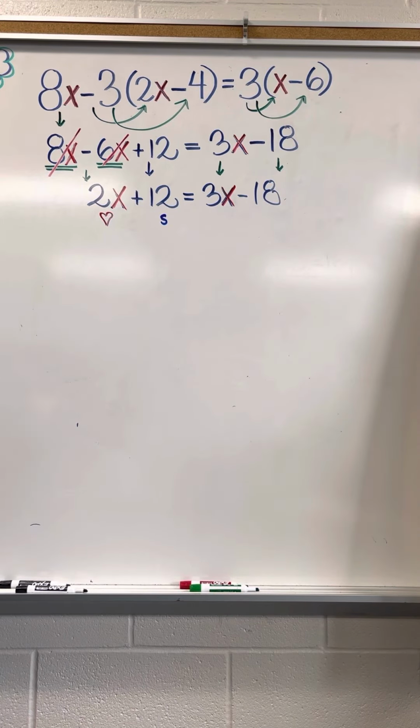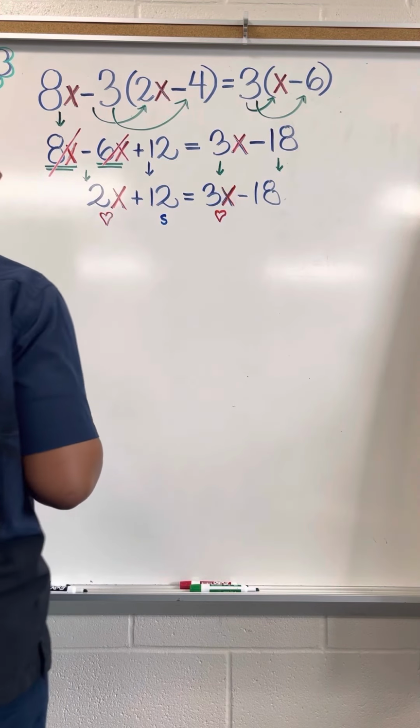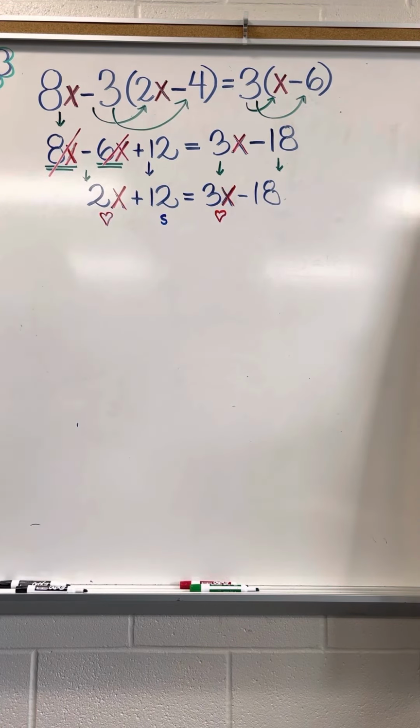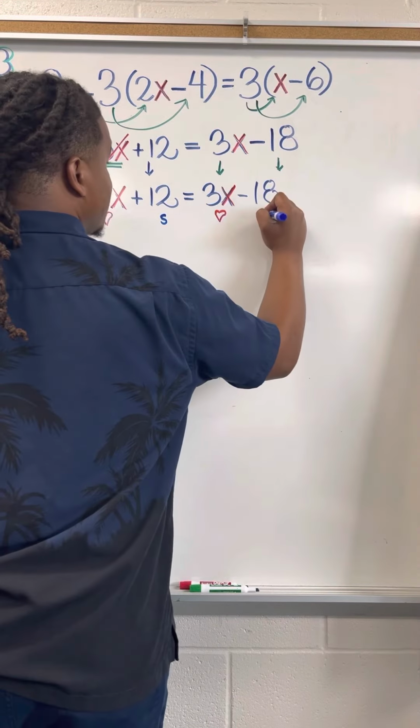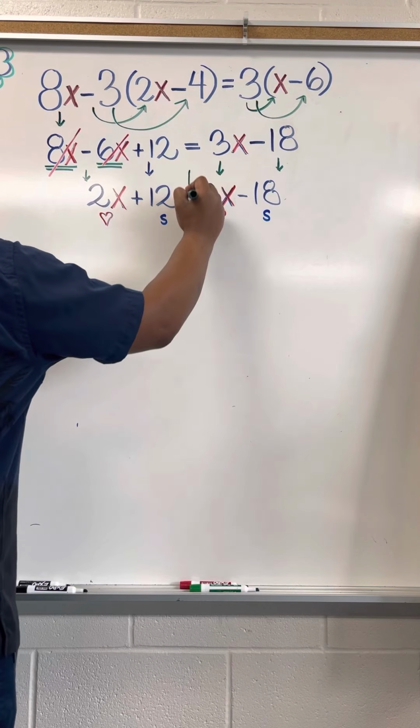3x, 3 is the coefficient, x is the variable. The relationship operation between them is 3 times x. So that's a relationship. I'm just gonna put a heart underneath. And -18, that is a single value. It's not attached to any variable, okay? So now, the next thing we're gonna do, ladies and gentlemen, I want you to draw a fence going through the equal sign.